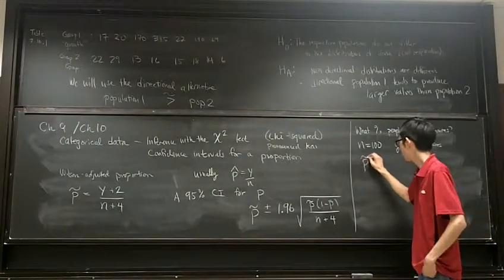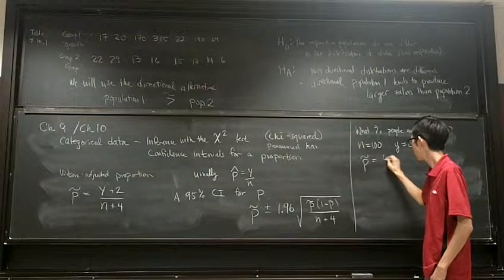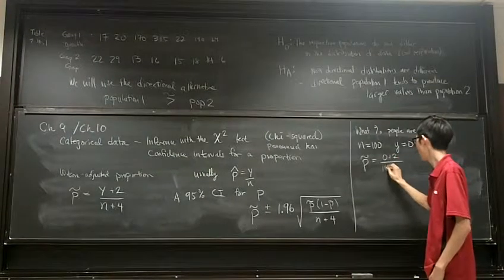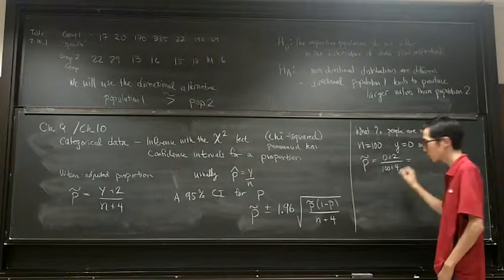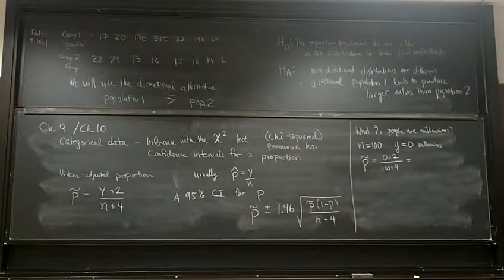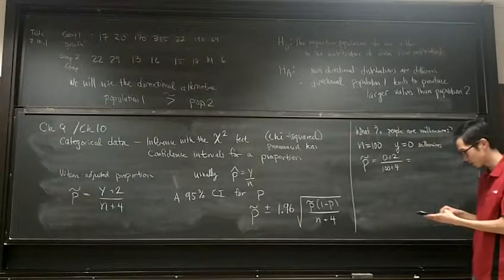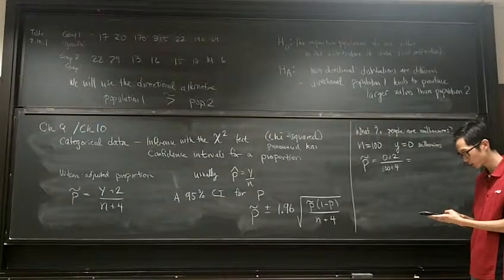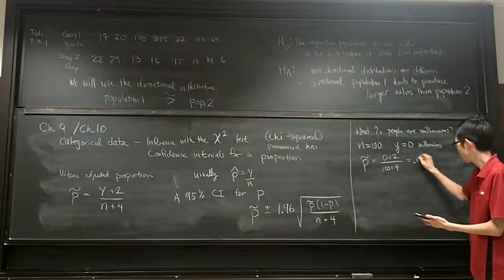It's also possible you select 100 people and you get a few millionaires back, right? So assuming we selected these people at random, here our P tilde would be 0 plus 2 over 100 plus 4. I should have just picked 96 rather than n equals 100. Okay, 2 divided by 104, so I have 0.0192.